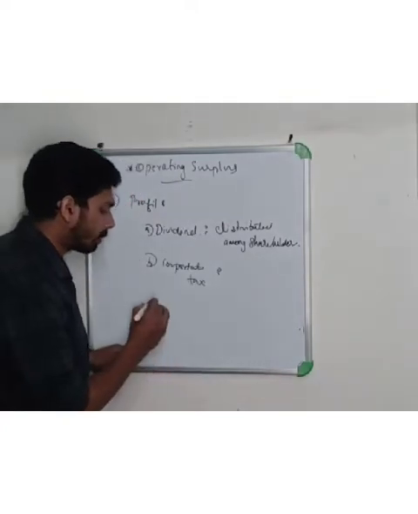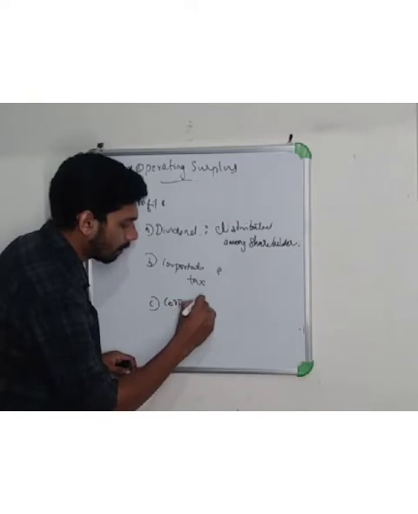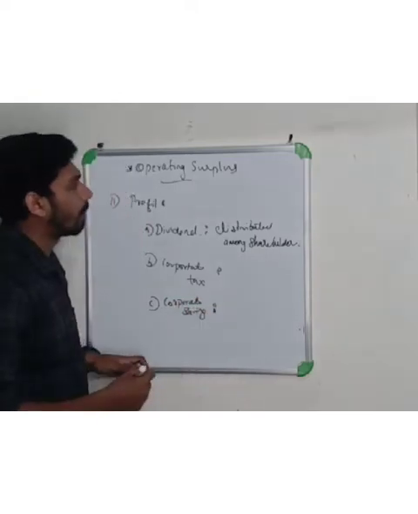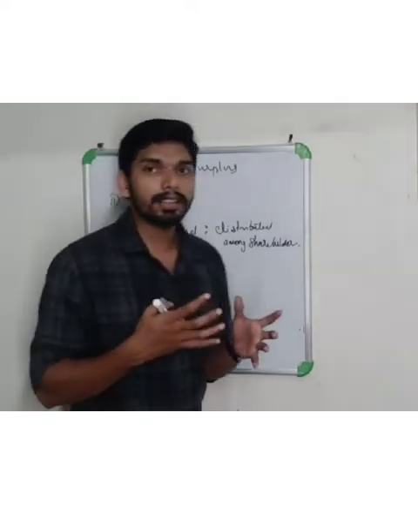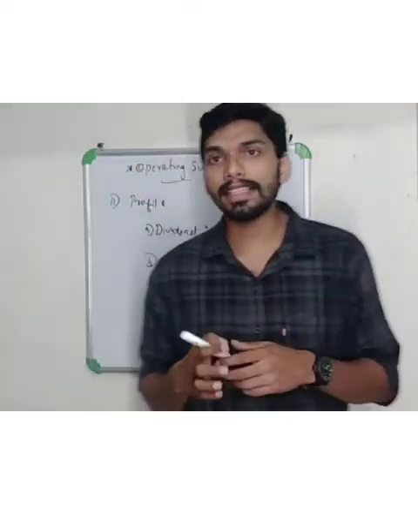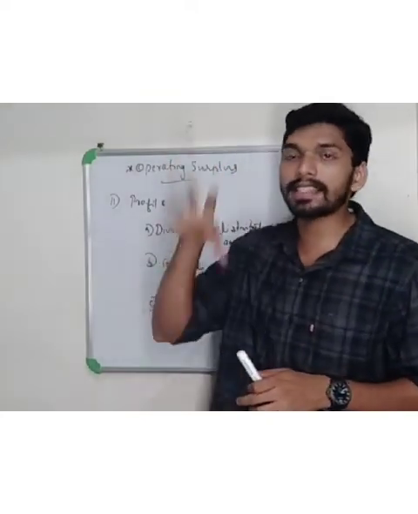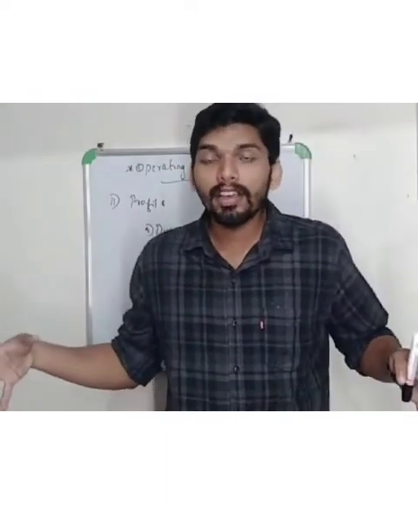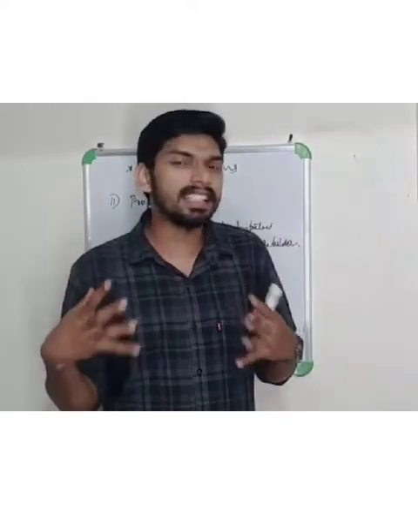Now the next one is corporate savings. So what do you mean by corporate savings? Corporate savings is the surplus of profits that is retained for the expansion of the industry or business, or to meet any unexpected contingencies.